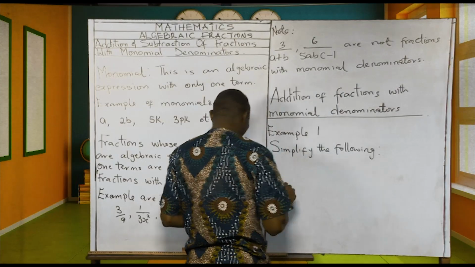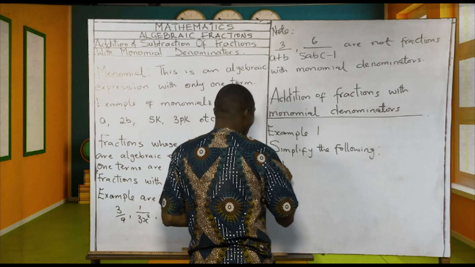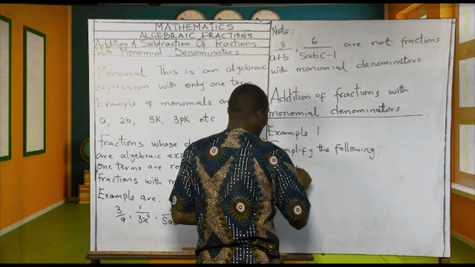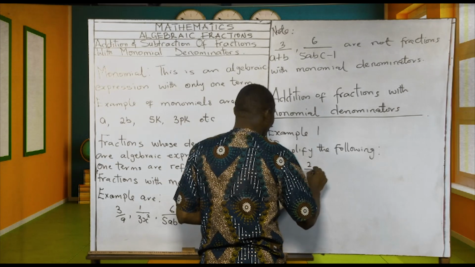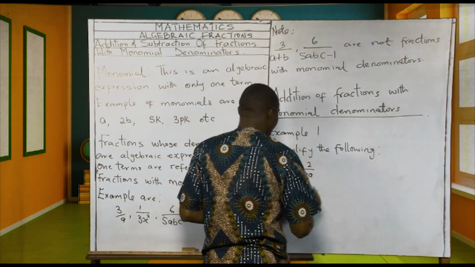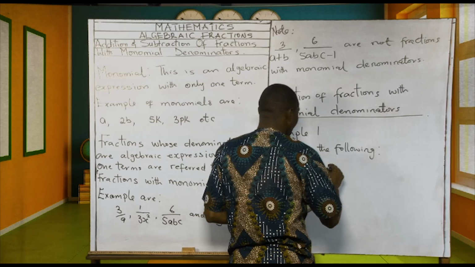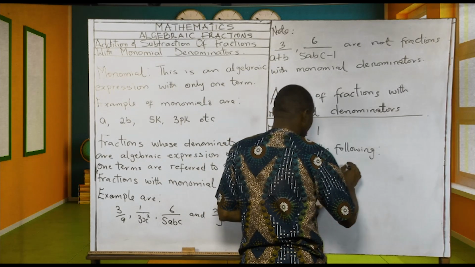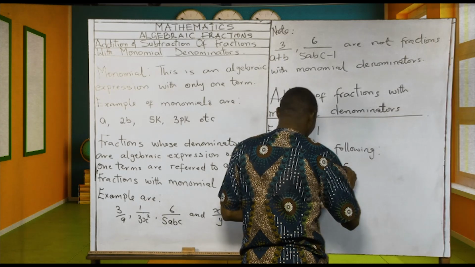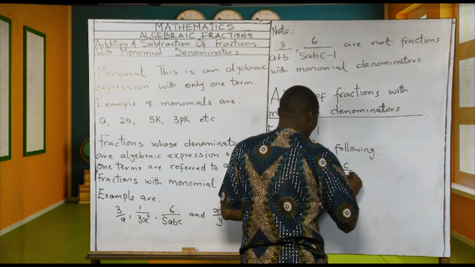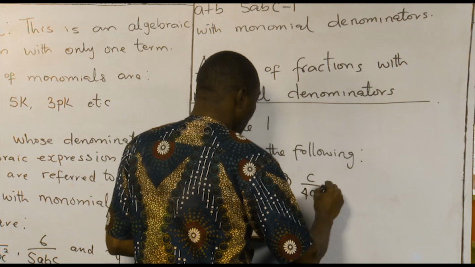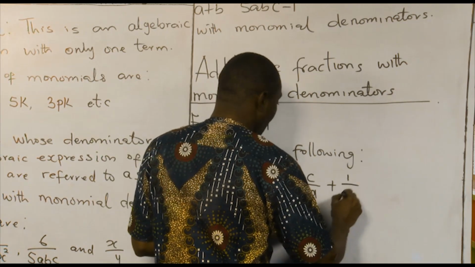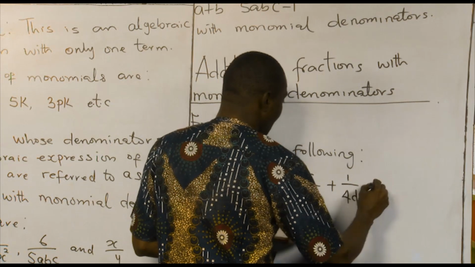A: 1 over 3a plus 2 over 3a. B: c over 4a plus 1 over 4d.